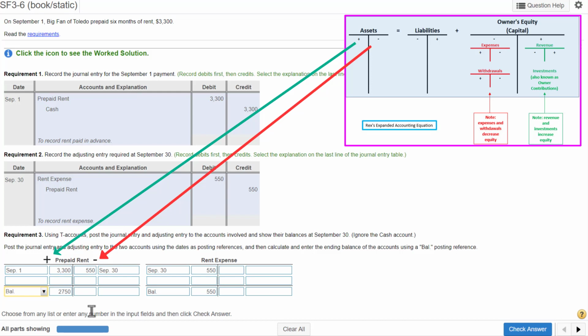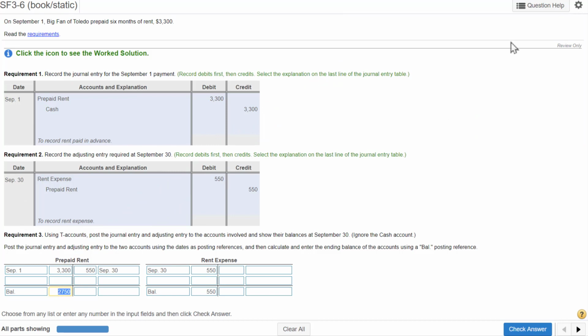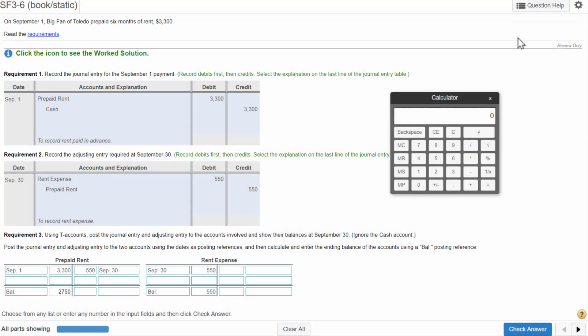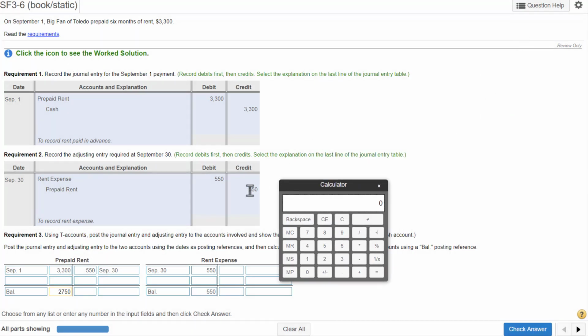So how many months of rent do we have as of the end of September? Well, at the beginning of September, we bought 6 months. So at the end of September, we have 5 months. And we can double check our calculations. If 550 is 1 month, 550 times 5 months gives us 2,750. So everything looks good.